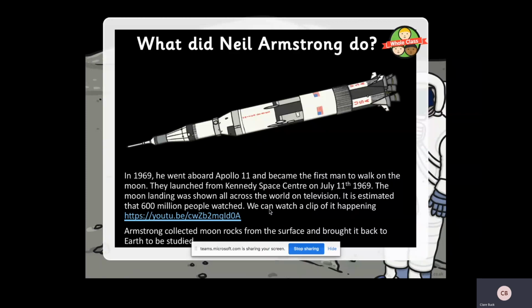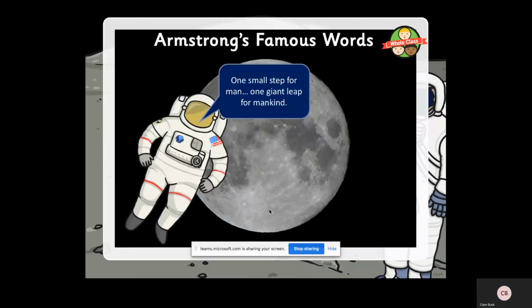So think about Columbus. Can you remember the things that he was famous for bringing back from his travels? That's right, potatoes and tomatoes. And these, of course, were Armstrong's famous words: "One small step for man, one giant leap for mankind."